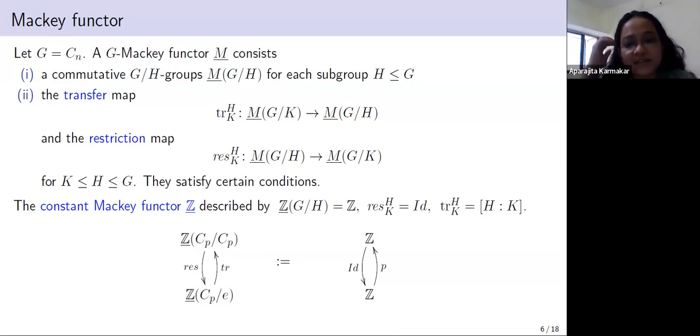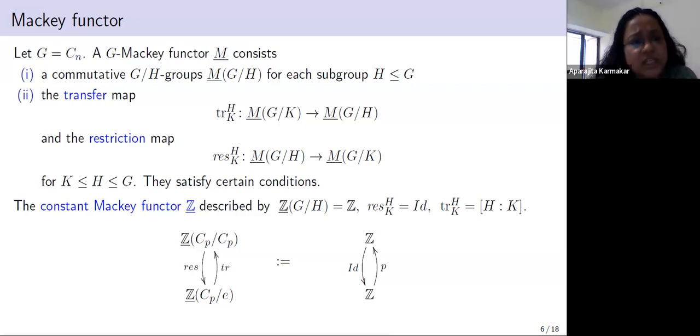A constant Mackey functor is very important in our examples, so I'll describe it. The constant Mackey functor Z bar assigns Z, the group of integers, for every G/H. The restriction is the identity for every two subgroups, and the transfer map is the index of the smaller subgroup inside the bigger subgroup.